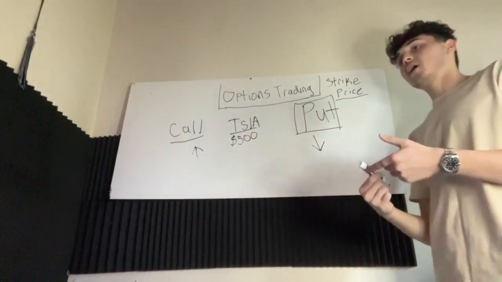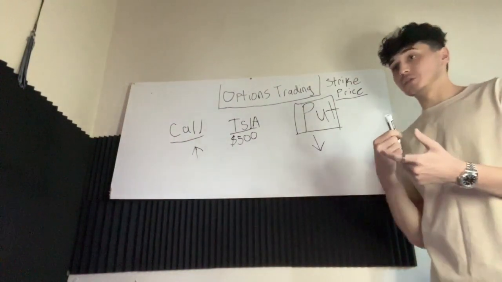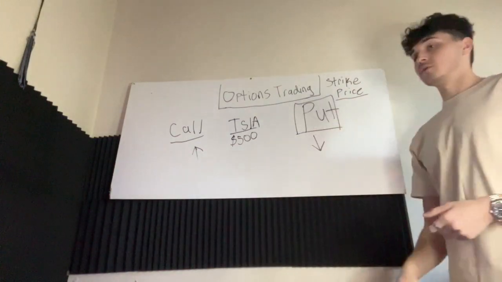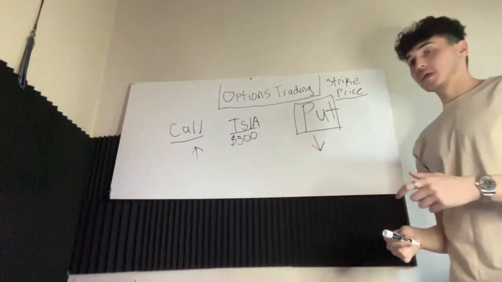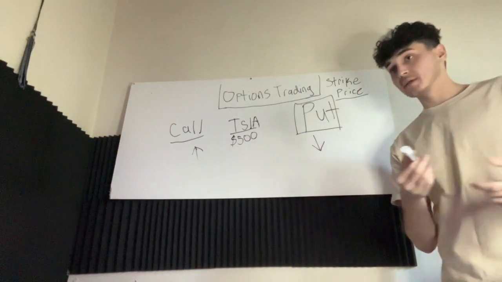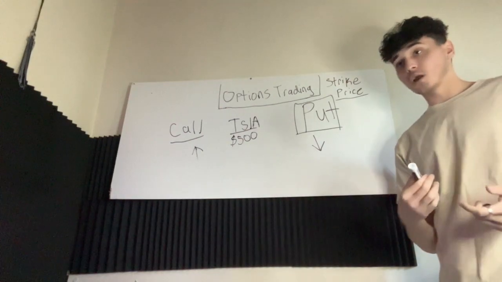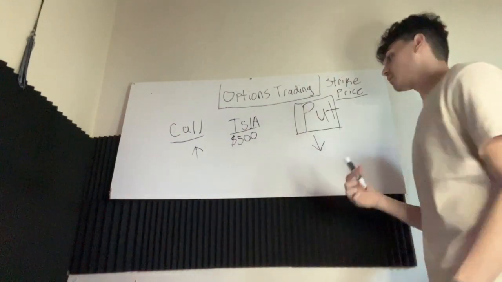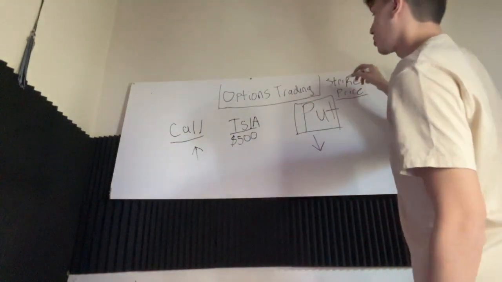The strike price is the price that the trader is going to buy in at. As I mentioned earlier, there are multiple different contracts that you can buy in at. And since there are multiple different contracts, that means that they are all going to be priced differently, right? So we have our strike price.